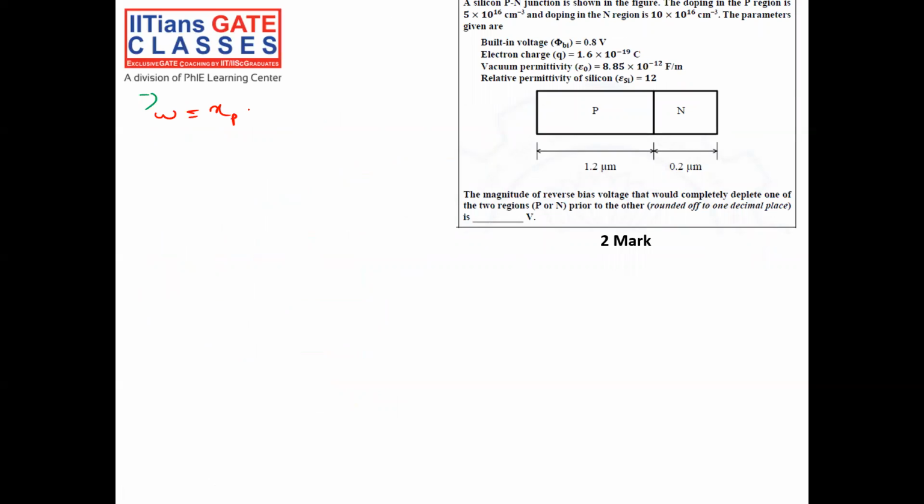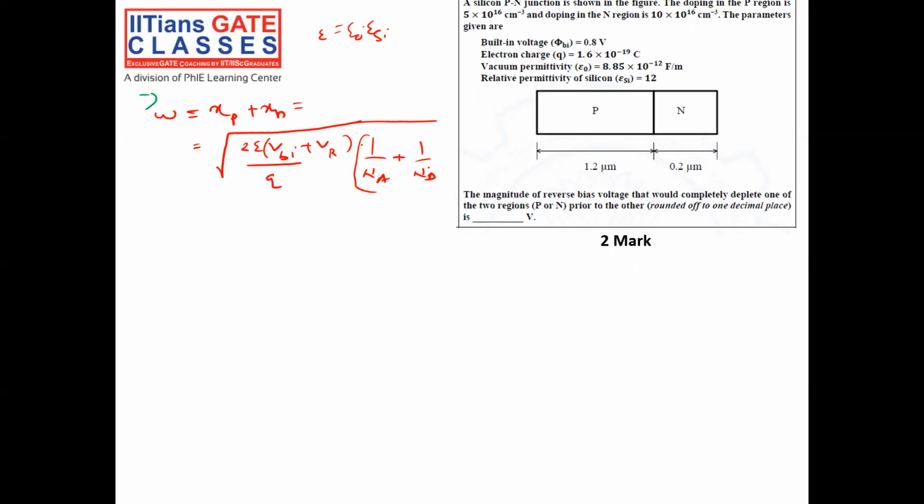So it's XP plus XN, which is equal to root over of 2 epsilon into VBI plus the reverse potential, by Q, into 1 by Na plus 1 by Nd. Epsilon is the permittivity, which is epsilon 0 into epsilon silicon. This is the total width.